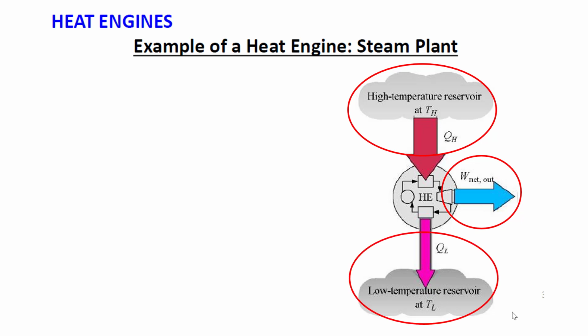Then the excess heat QL of the fluid, which cannot be converted to work, is released to the lower temperature reservoir at TL. L stands for low. The cool fluid is then pumped again to the heat engine to create another cycle of workflow.